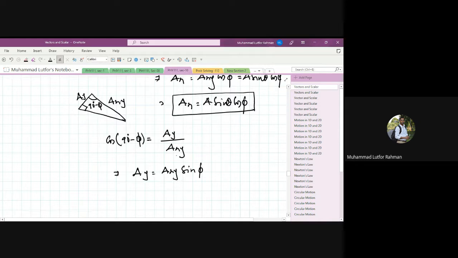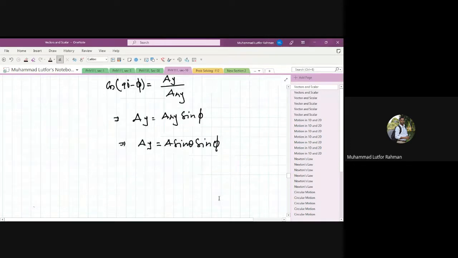And A_xy is A sin theta. So then I can write A_y would be A sin theta sin phi. That is how you can find the components of this vector in the three-dimensional case.